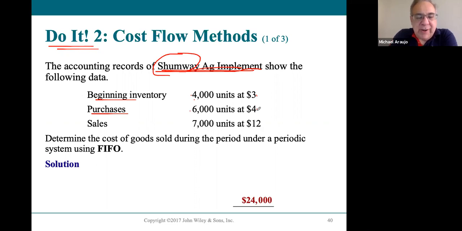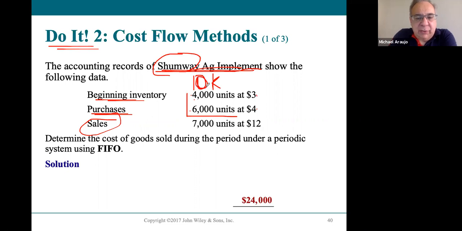Okay. So again, what we're looking at is when it comes to sales here, that piece comes second. What did they sell? Well, they had to sell things that they owned. So it all starts with understanding that this company had a total of 10,000 units for sale: the 4,000 units they started with, plus the 6,000 that they bought. So the total available for sale was 10,000 units.